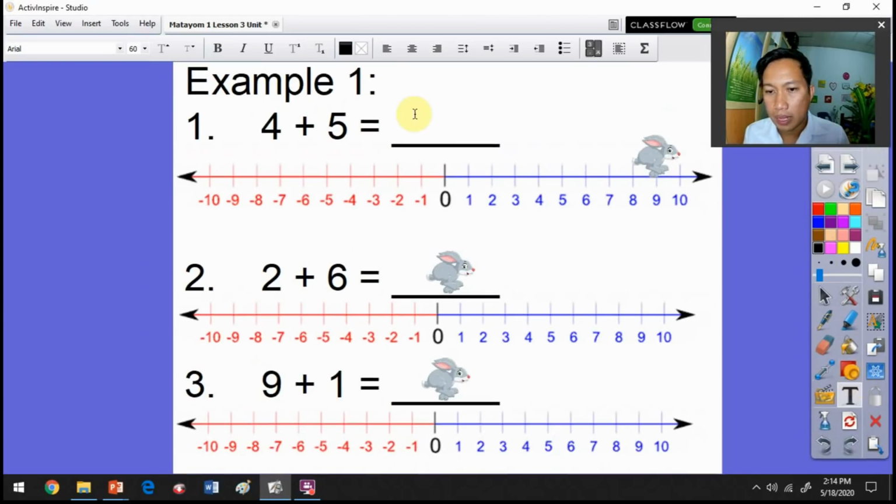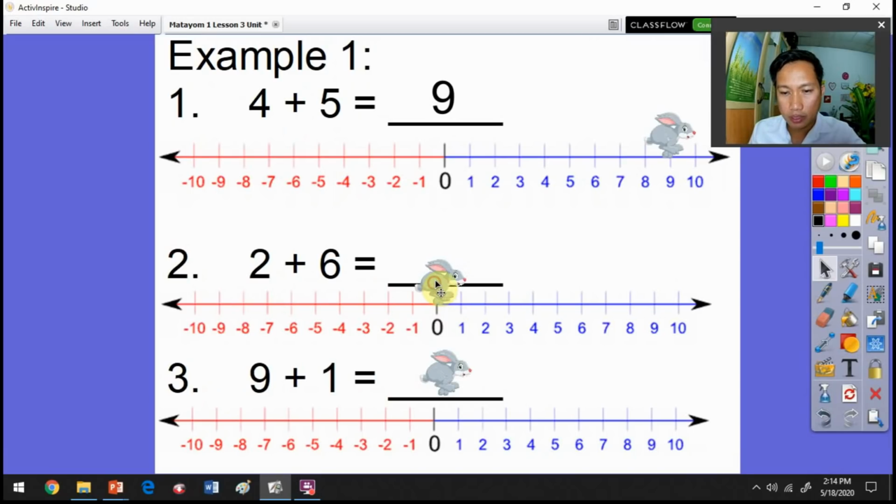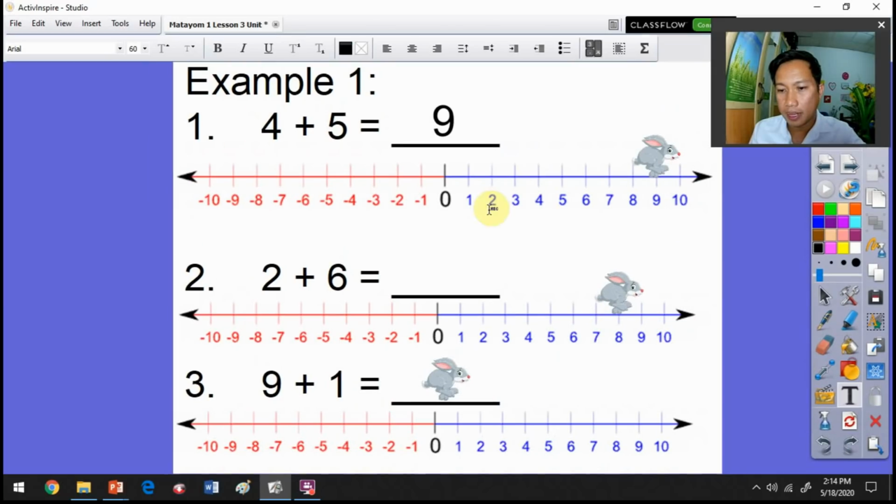And we end up at 9. Let's look at example number 2. 2 plus 6. Okay, so we start at 0, 1, 2. And we have 6, 1, 2, 3, 4, 5, 6. And we end up at 8.